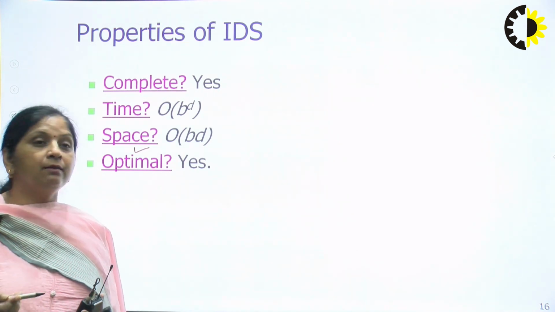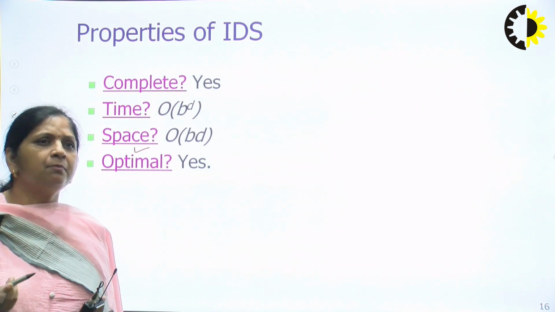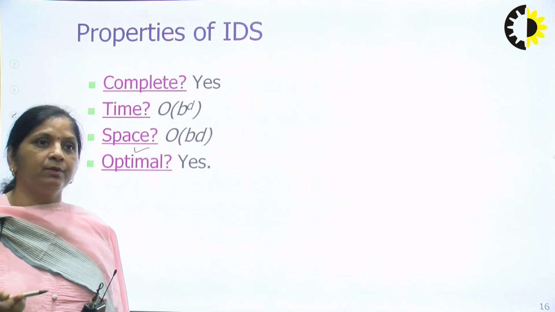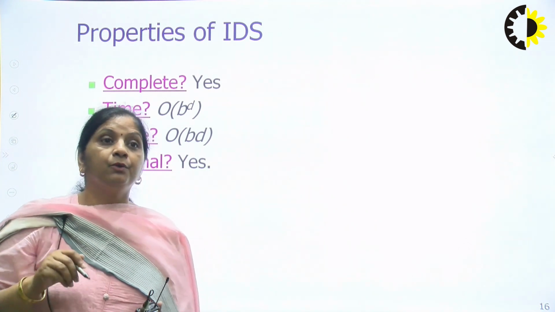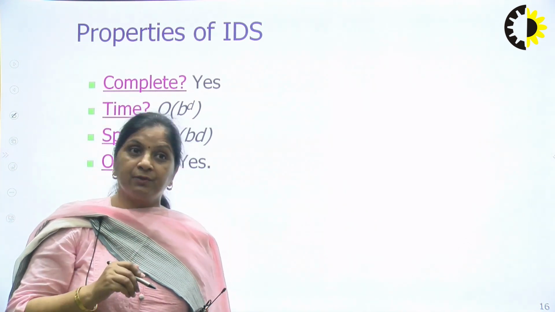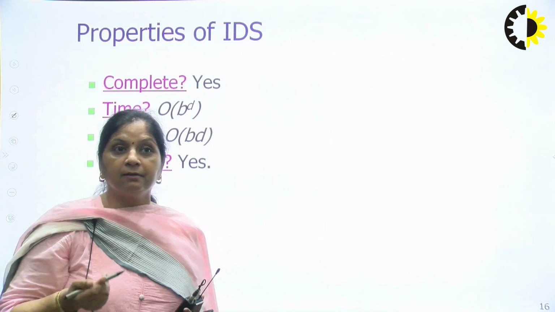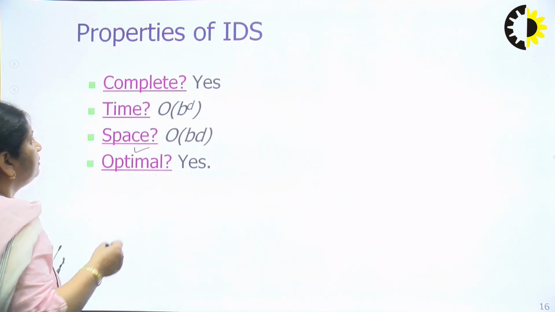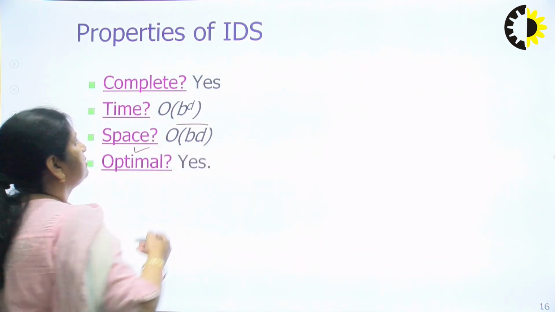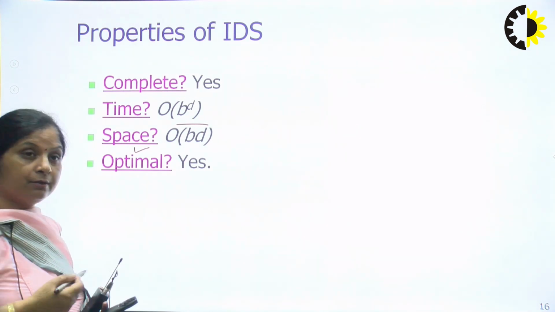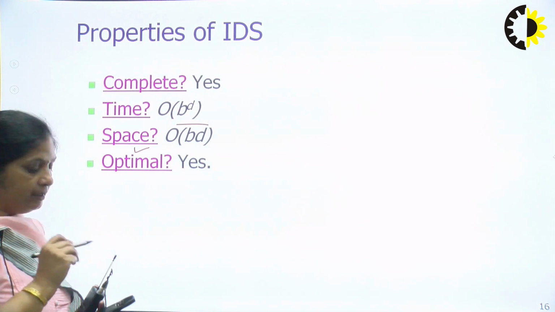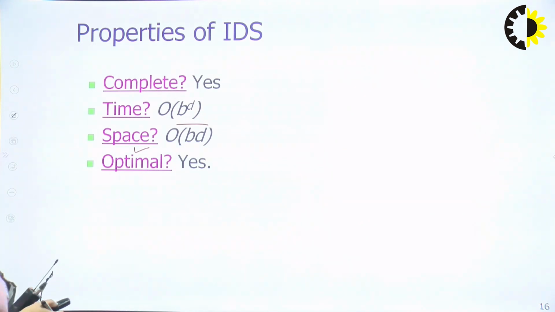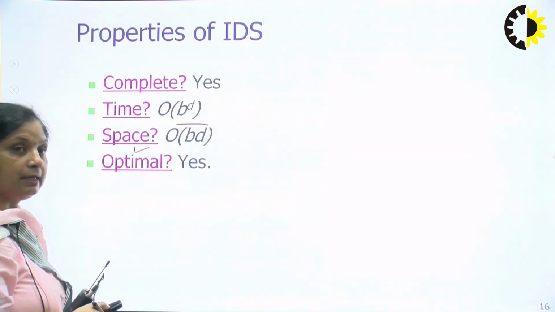We are gradually increasing the depth, and maximum we will go up to D because there we will find the solution. We will not need to go to D plus 1 depth because before that we will get the solution. And the time complexity will be order of B to the power D because we are only evaluating up to D level. This is our iterative deepening search, IDS.